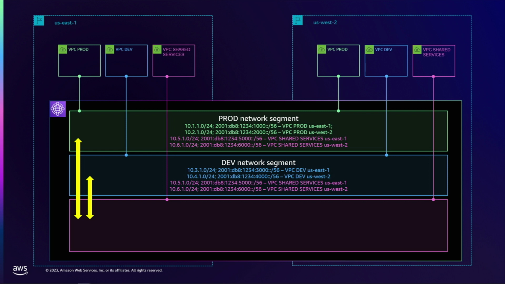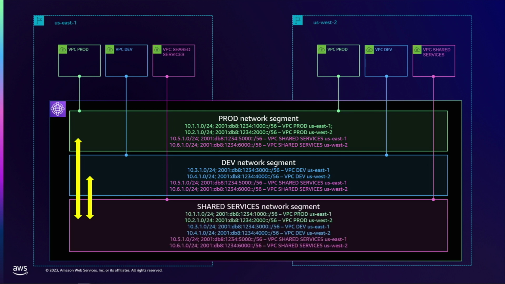And in the shared service segment, because it's shared with the prod and dev segments, it has routes from the respective segments. So this basically enables the connectivity: prod can talk to resources in shared services, and dev can talk to resources in shared services.